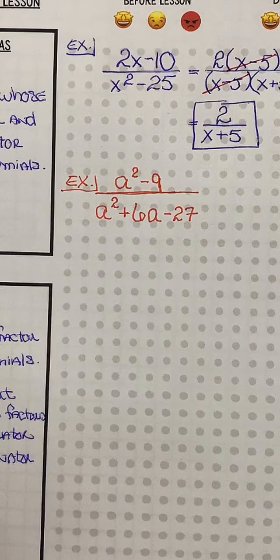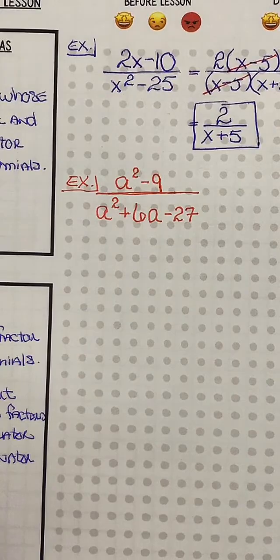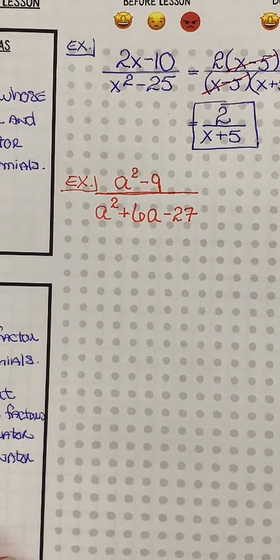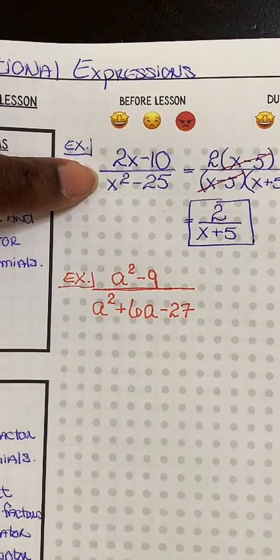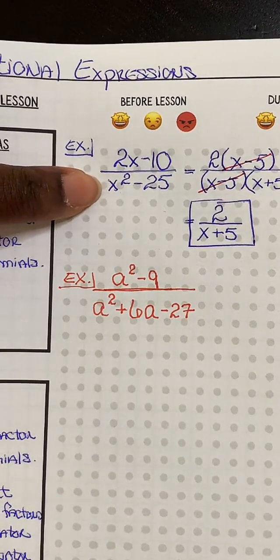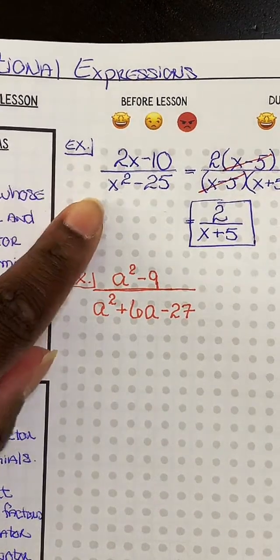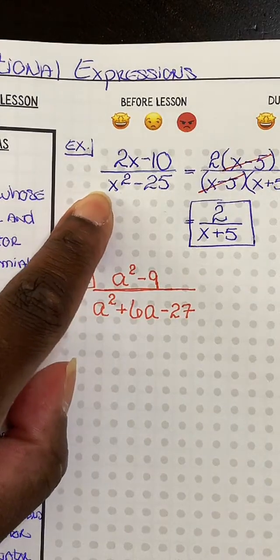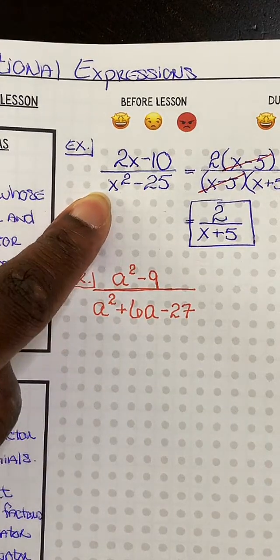So, a squared minus 9. And our friend Pog mentioned earlier how it was easy for us to break down the x squared minus 25, because x squared minus 25 was a difference of squares. If I took the square root of the 1 in front of the x squared, I would get 1.